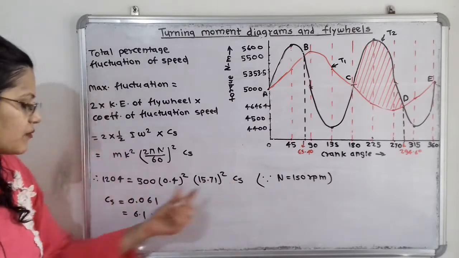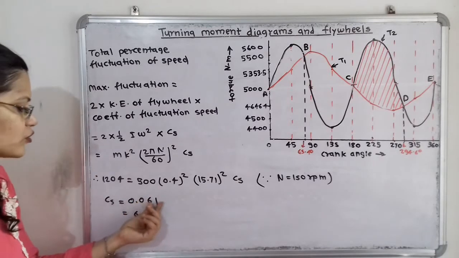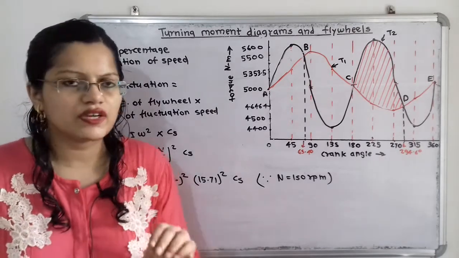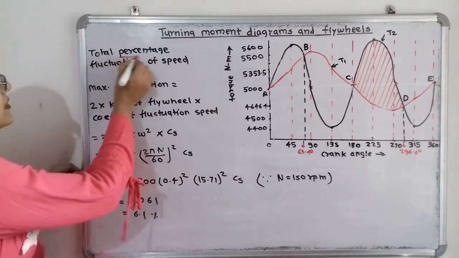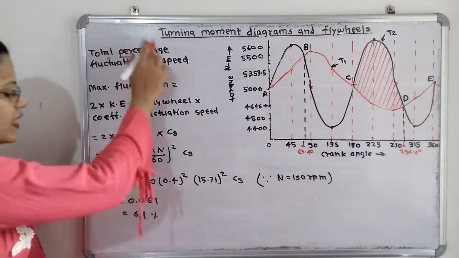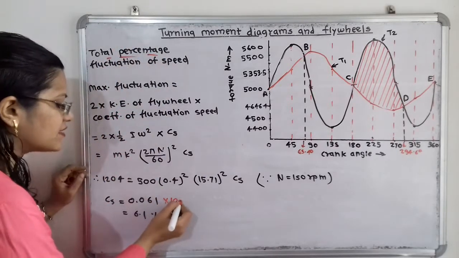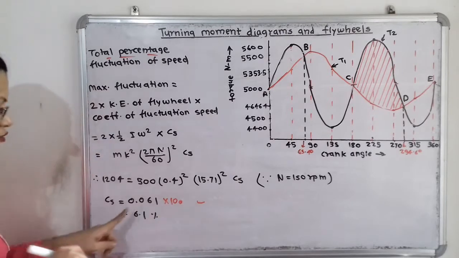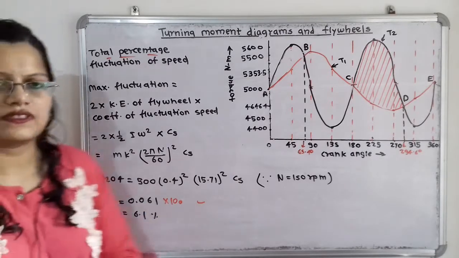The value of Cs is 0.061. But the question asks for the total percentage fluctuation, so we multiply by 100 to get the percentage. The percentage is 6.1%.